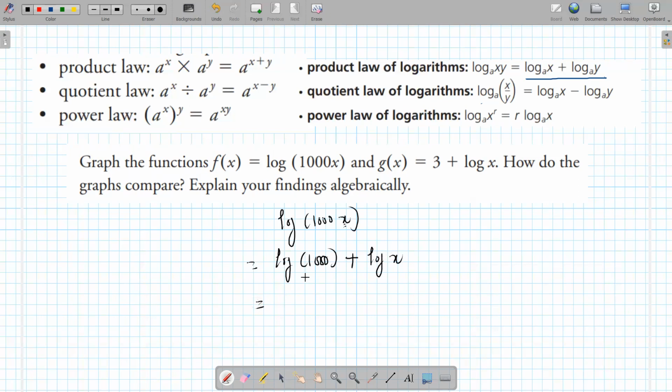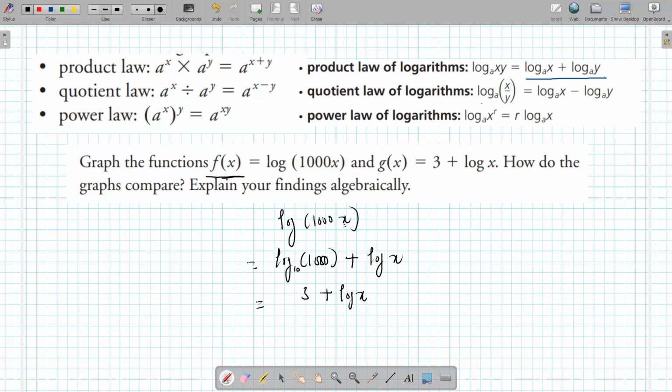What is log of 1,000? Remember, the base here is 10. If there's no base, the base is automatically a 10, the default. What is log of 1,000? 3. So this becomes 3 plus log x.